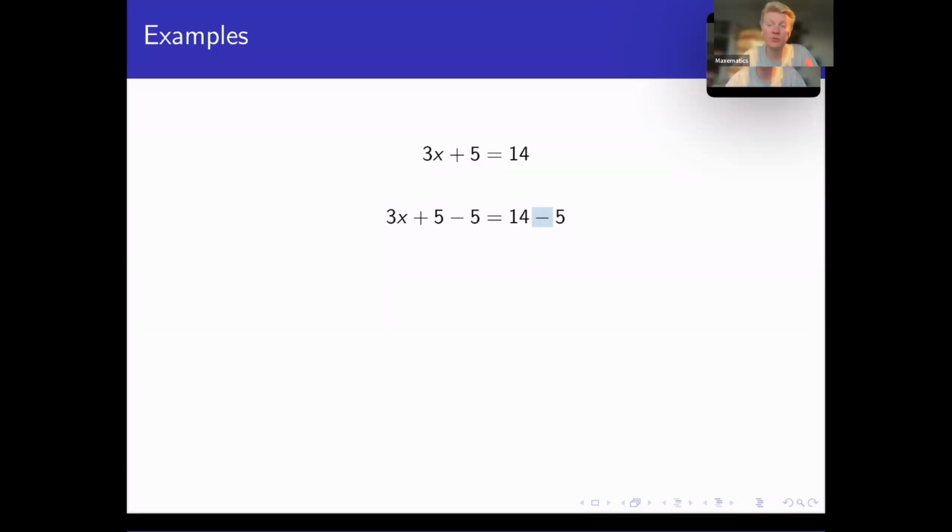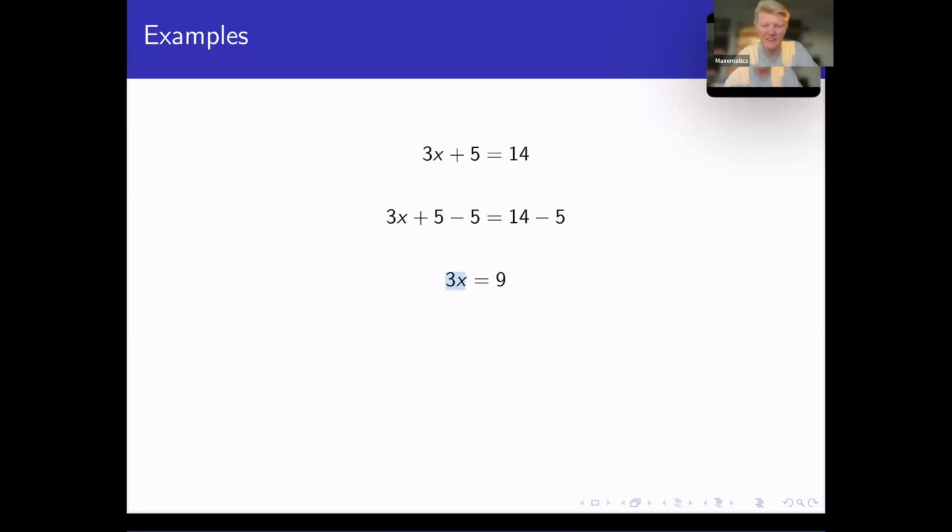So whatever you do to one side, make sure you do it to the other side as well. Okay, well, plus 5 minus 5, the whole goal was to undo plus 5. Well, you have 5 apples and you take away 5 apples, now you don't have any apples, and that was the goal. Okay, well, 14 minus 5 is 9.